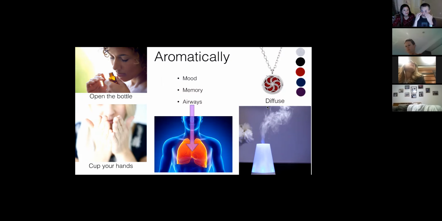It's also entering our olfactory senses, which is really good for helping, this type of application anyways, is good for helping improve our mood, our memory, our emotions, opening our airways, those sorts of things. So if you're looking to use an essential oil to create a benefit in any of those areas, applying the essential oil aromatically is the best way to go about it.